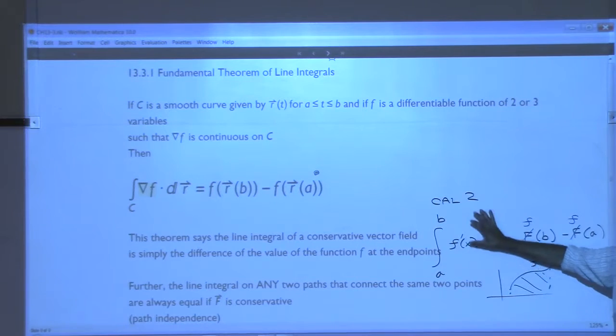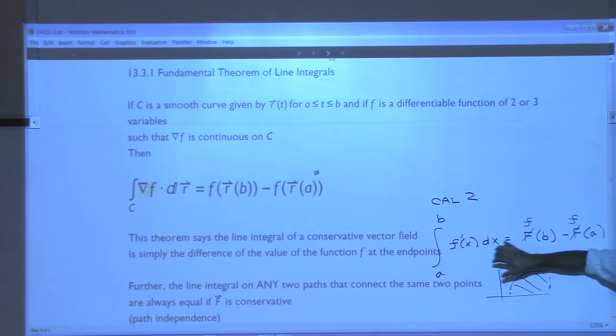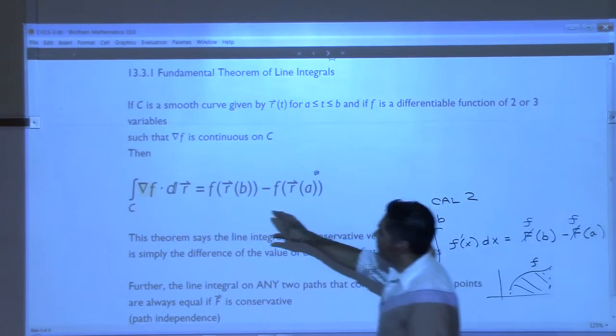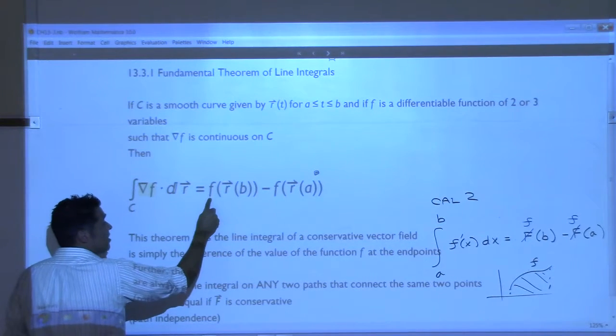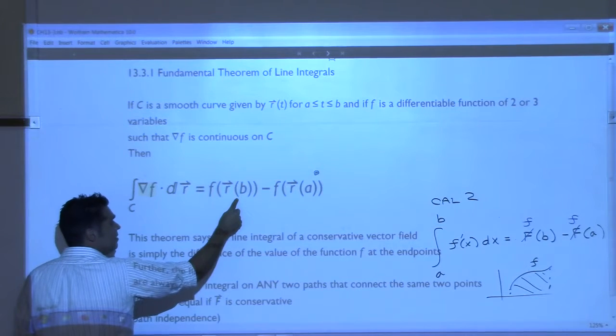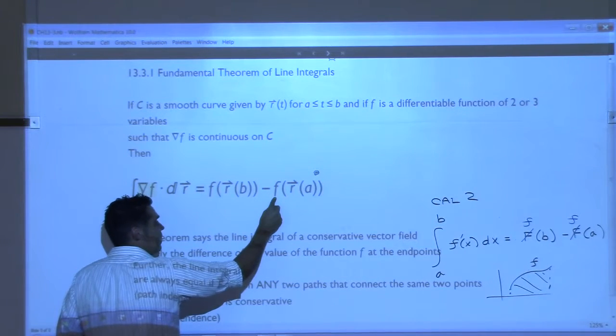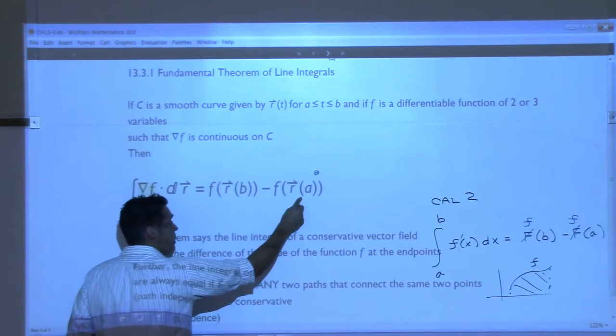If we want to know what this is equal to, it's equal to the antiderivative of that minus evaluate the 2 endpoints, right? So that's what this is saying. It's saying this will be equal to the original scalar function evaluated here minus the original scalar function evaluated here.